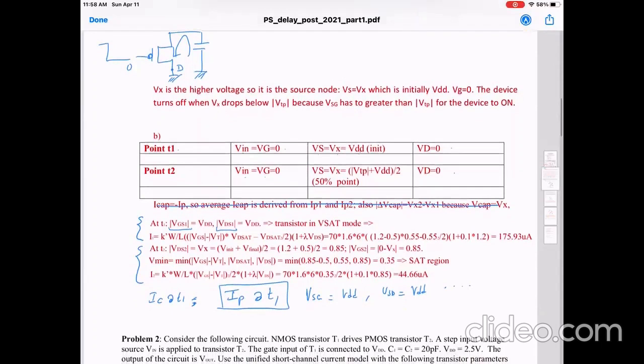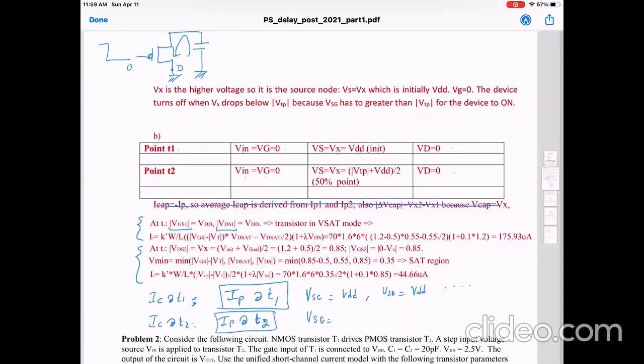The same for the capacitor current at T2: we need to derive the transistor current at T2. From the transistor current at any time point we can derive the resistance, which is VSD or Vx over I. For the PMOS at this point, Vn is still equal to 0.